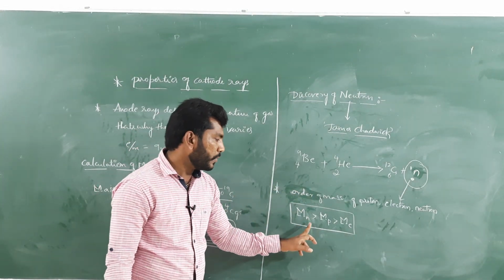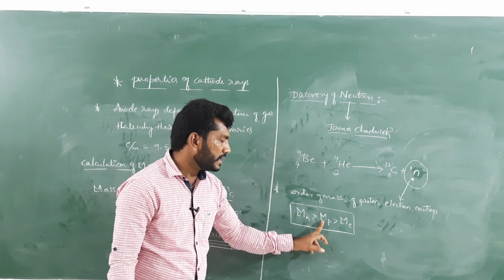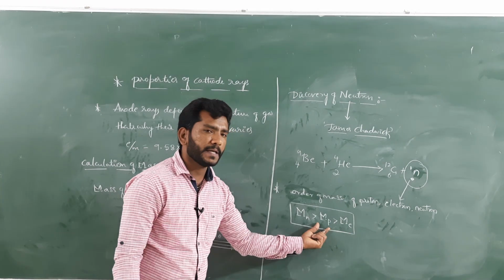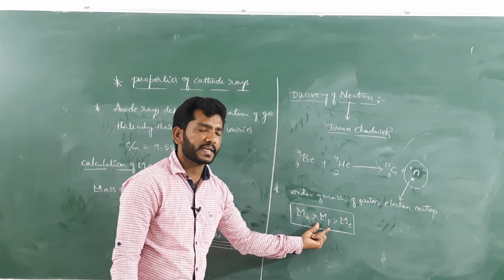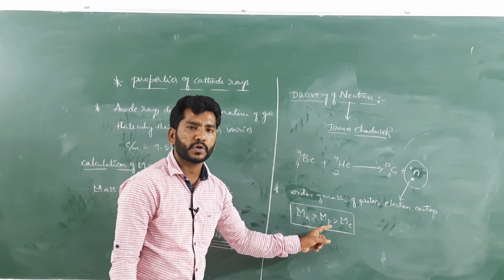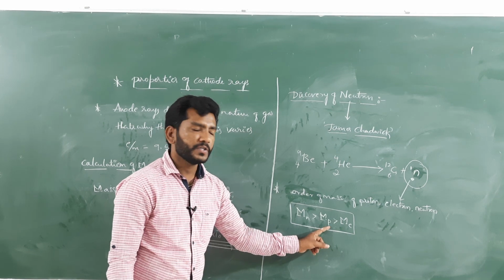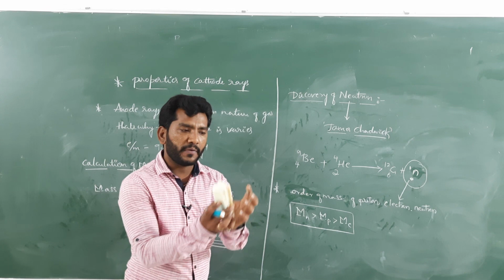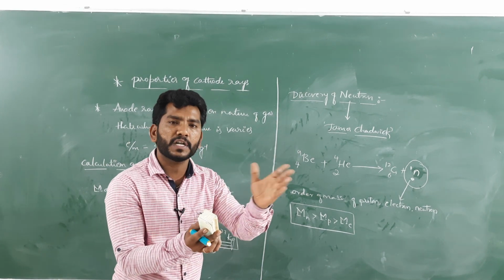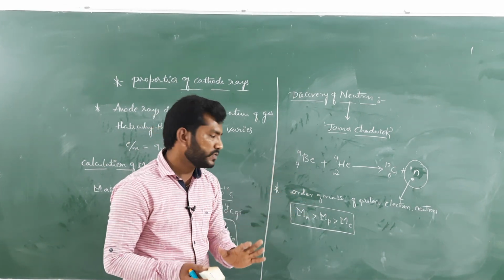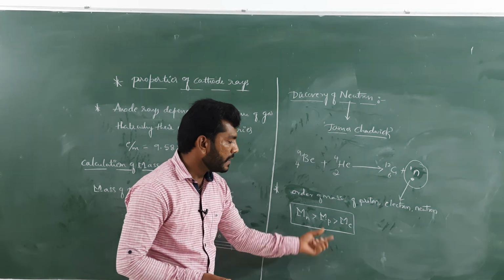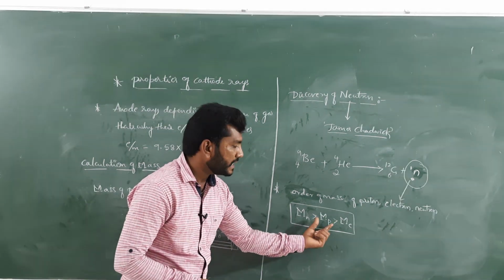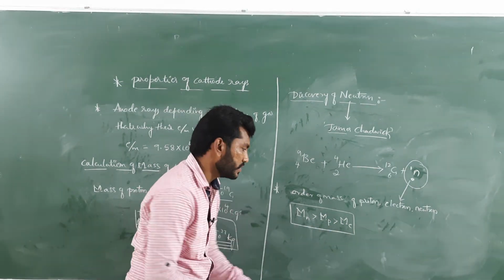So during the deflection, they came to know that the extent of deflection exhibited by the proton would be very less. If the particle is heavier, its deflection would be very less. That's why they came to know that the mass of the proton is very high compared to the mass of the electron. So this is an order.